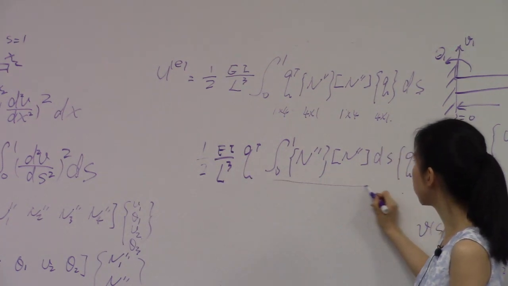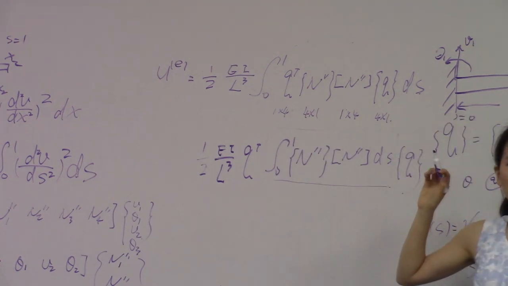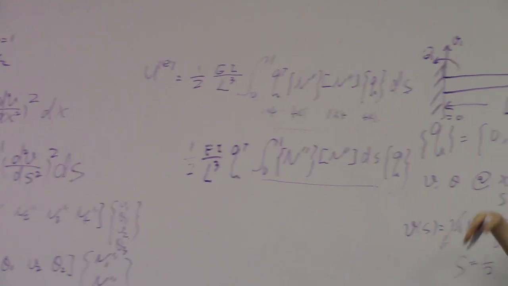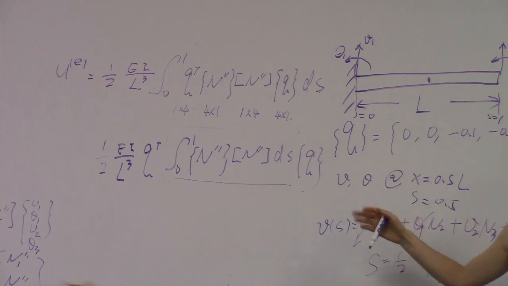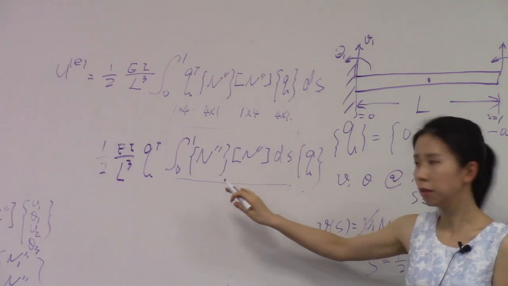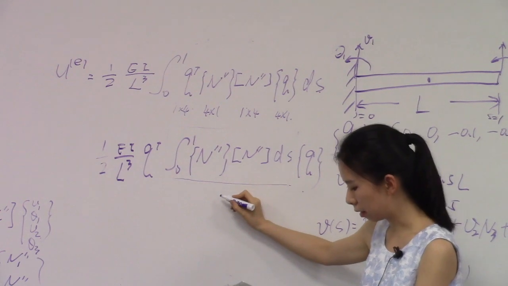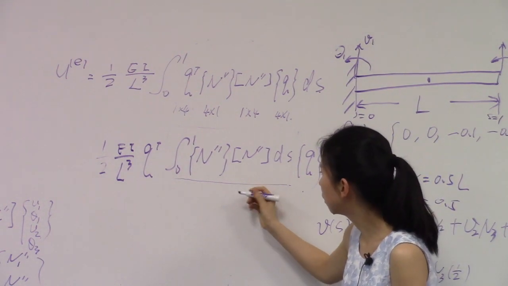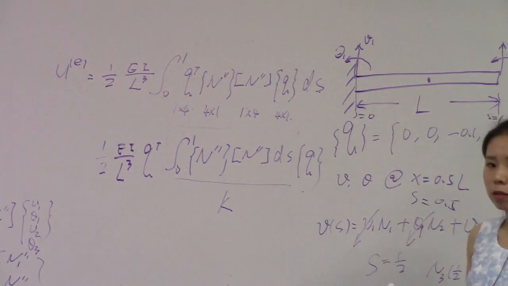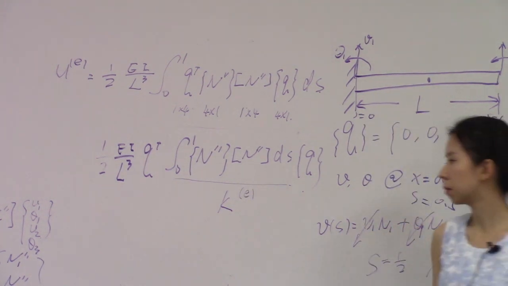But this part should always be the same, right? Because when we use the s coordinate, s always goes from 0 to 1, and no matter what your loading condition or boundary condition is, this should always be the same. N is always a function of s, and s is the reference coordinate. So we can define this as the stiffness matrix K. And for all the beam elements, we should have the same stiffness matrix, right?